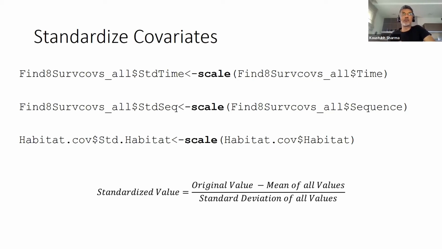Take note of one important point here, that we have not standardized a categorical covariate because it's anyway either 0 or 1. You don't need to standardize or scale your categorical covariates. Let them be the way they are because they're anyway dealt with completely independently. Each of them is used as a single block.